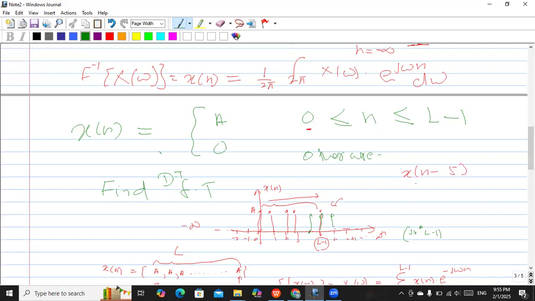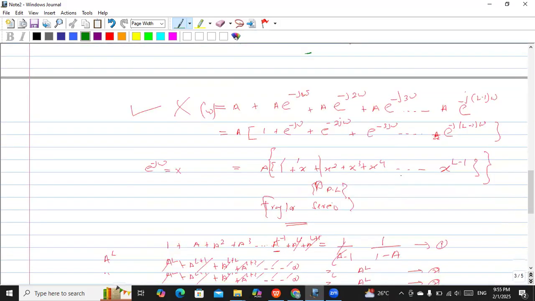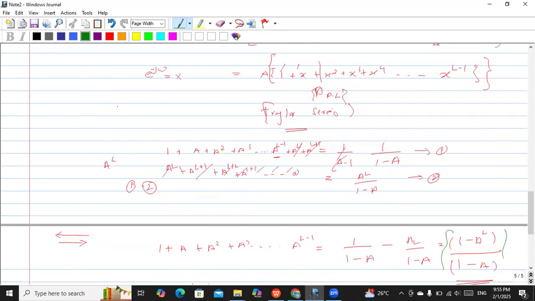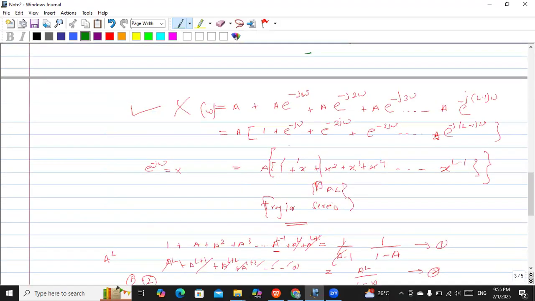So you no need to find it again, because you know the Fourier transform of this one. Okay, so that is this. Actually a is nothing but e to the power minus j omega.